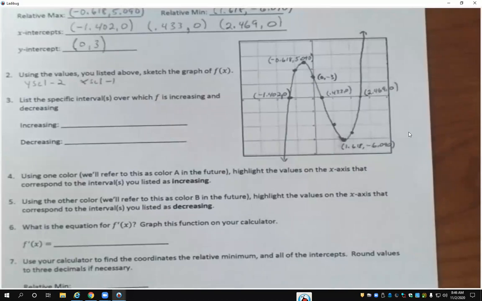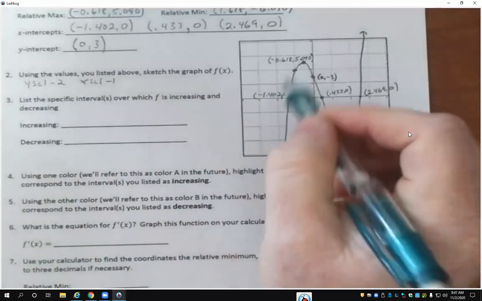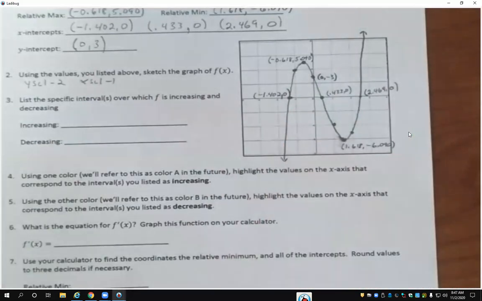Does anybody need any more time sketching their graph? You don't have to label the points like I did, but I did that to help in my discussion, and you'll see why. All right, if we need no more time.